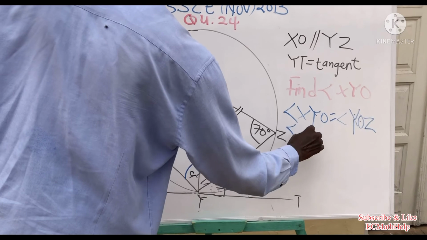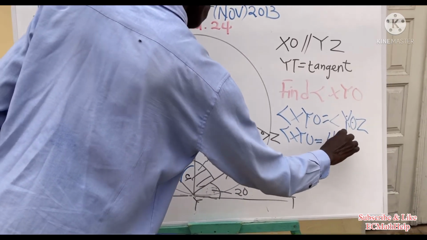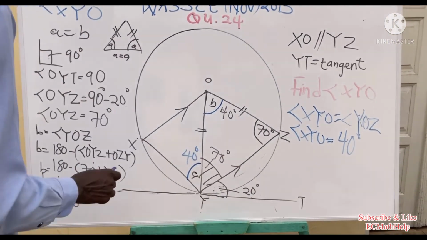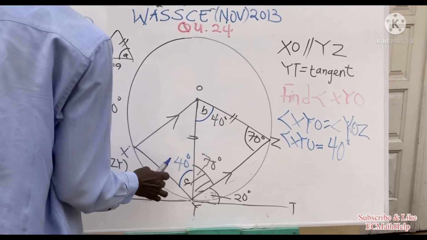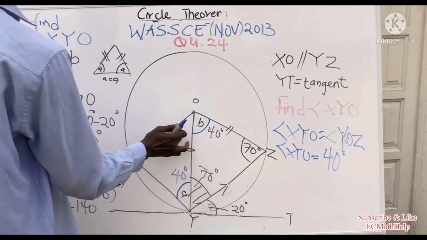So angle XYO is equal to 40 degrees. So here is also 40 degrees, because here and here are equal angles because of the equal chords here.